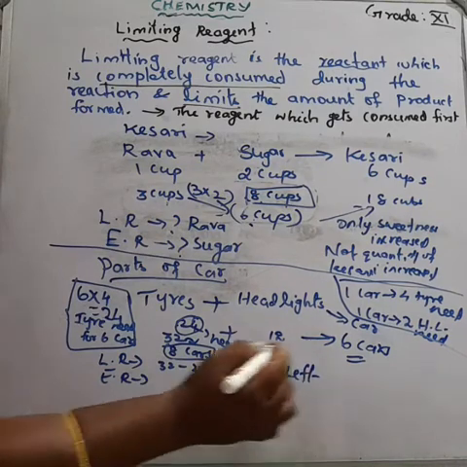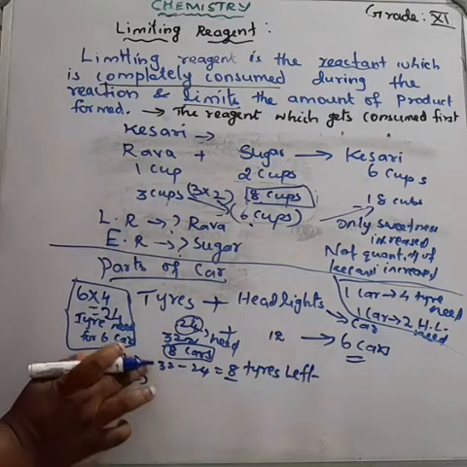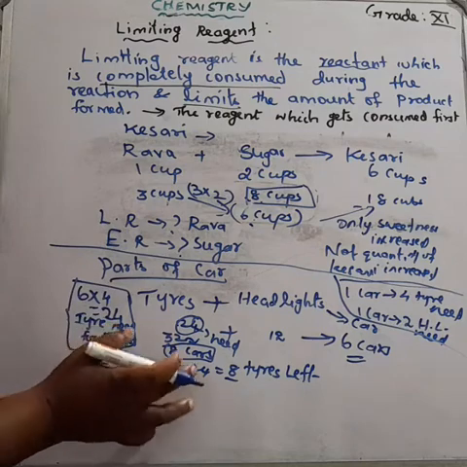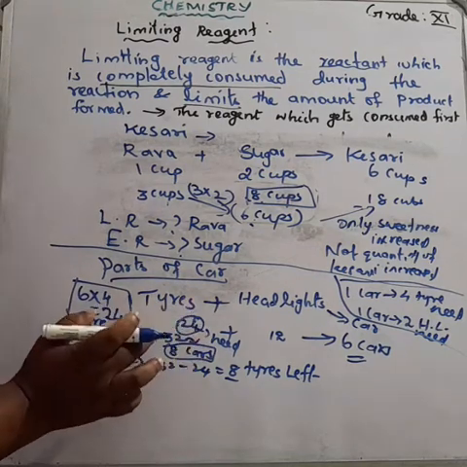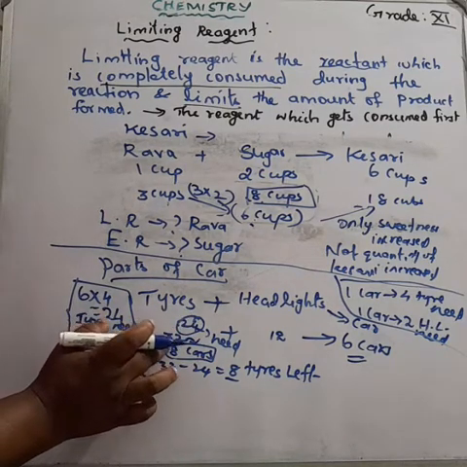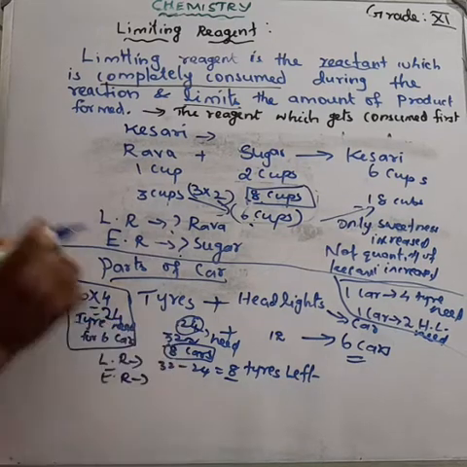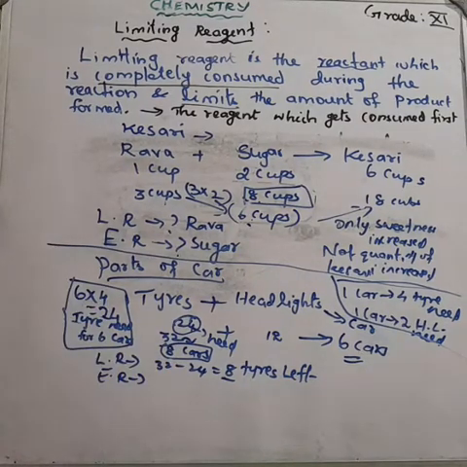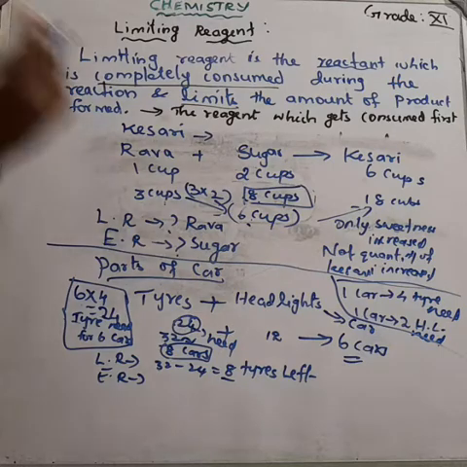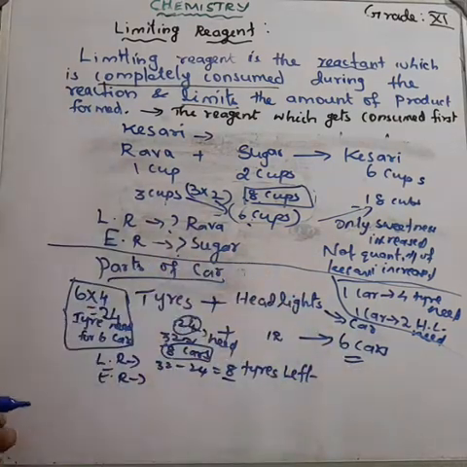So to prepare 6 cars, how many tires do we need? 24 tires only. But the car manufacturer company prepared 32 tires, and only 12 headlights are available. So using 12 headlights, we can prepare only 6 cars. Understood.